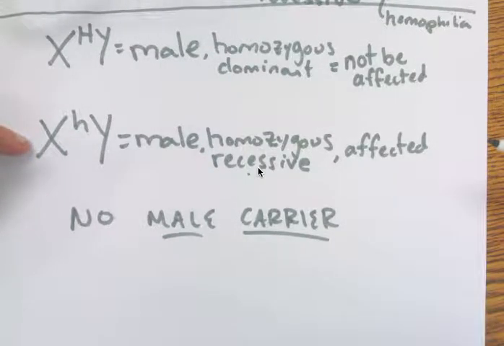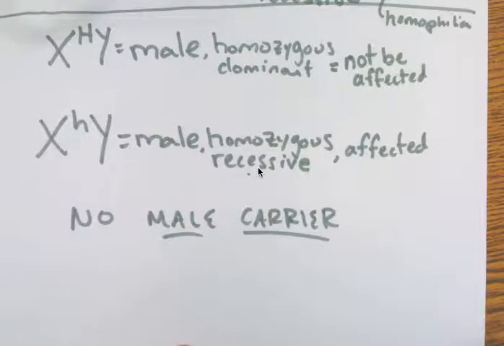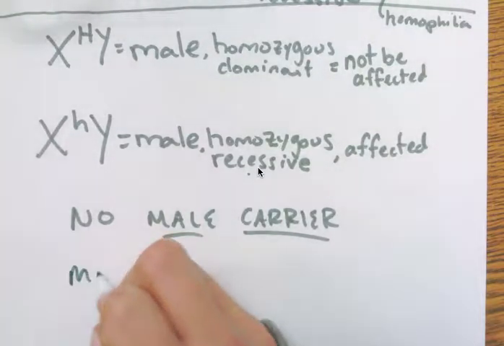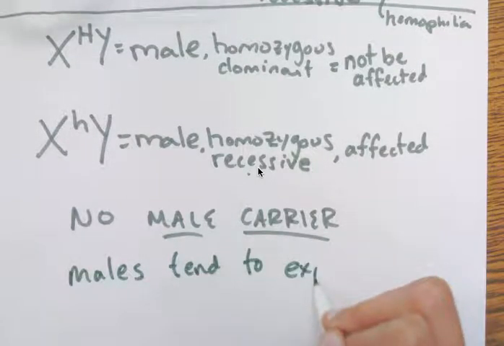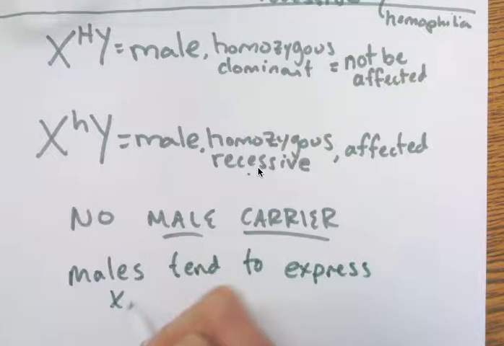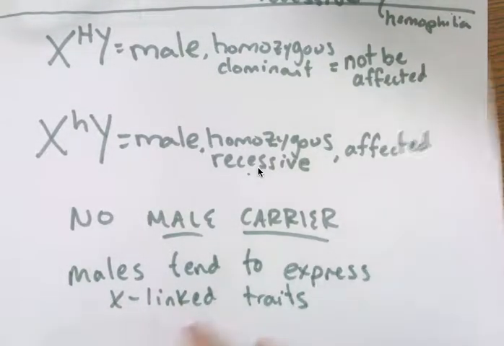You don't have a second copy of the allele that can mask the recessive for you, which is why males tend to express those X-linked traits more than females. You tend to see hemophilia more in males and colorblindness in males as opposed to females.